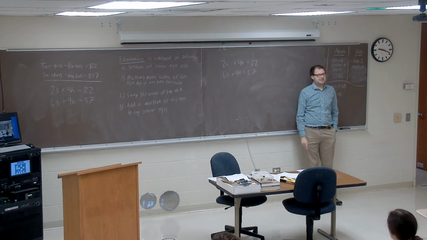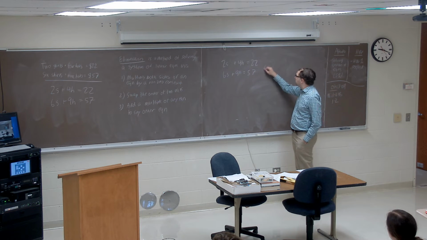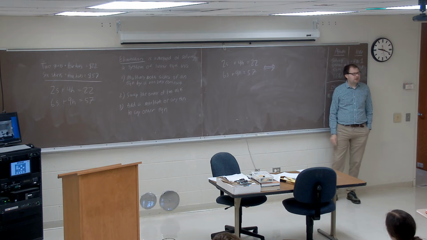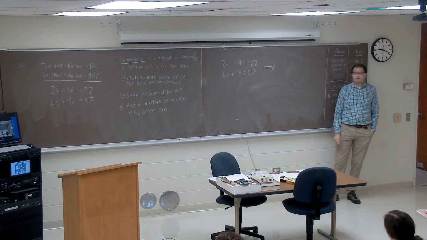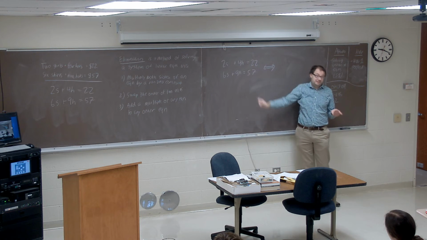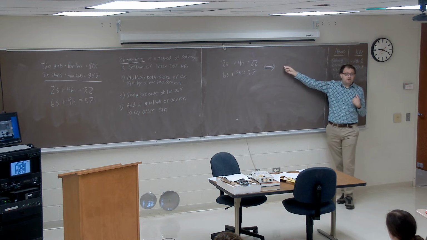It's still really hard to say 6s without making it sound like success. Whenever I draw a double arrow like this, what that means is this system of equations over here is equivalent, meaning it's going to have the same solution set as whatever I draw after the arrow.